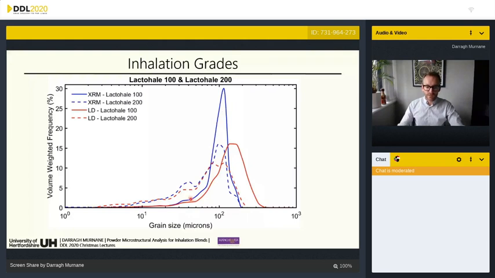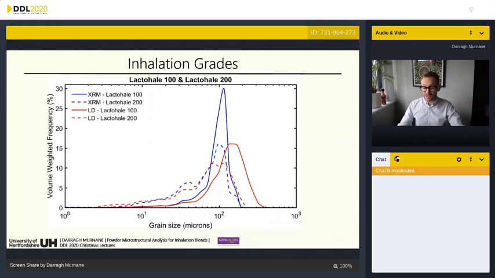So here's the X-ray microscopy of lactose 100 in comparison to the X-ray microscopy of lactose 200. And although there's a slight difference between the X-ray measurements of lactose 100 here and the laser diffraction in red, we can see that we have good qualitative comparisons between the 2 different techniques.